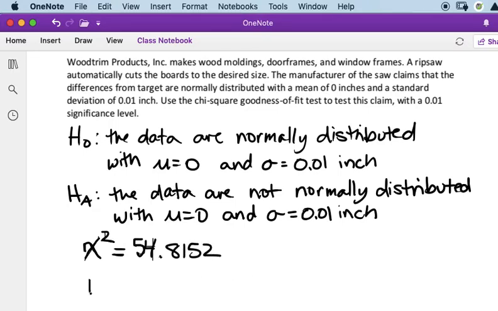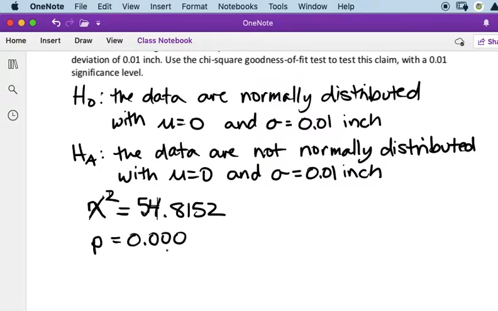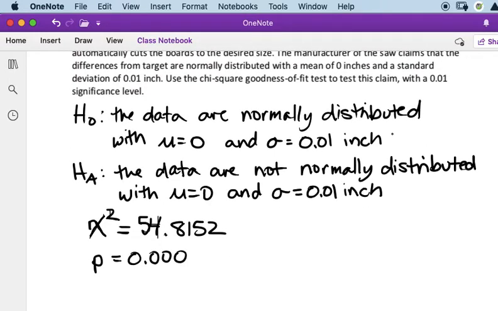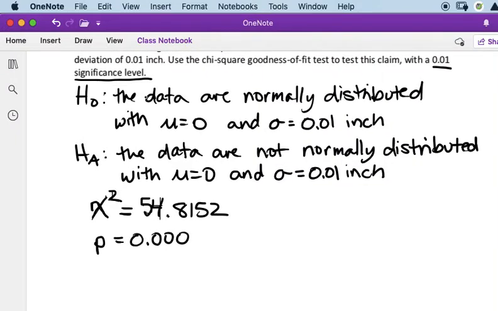And my p-value is 0.000. So the chi-square, or the test statistic, the homework will ask you for that. The p-value, we are comparing to our alpha, which our alpha here, our significance level, is 0.01. Not to be confused with the standard deviation, which is also 0.01.